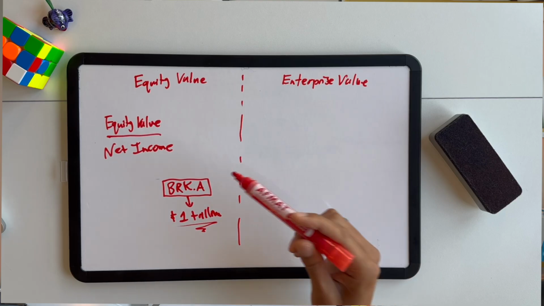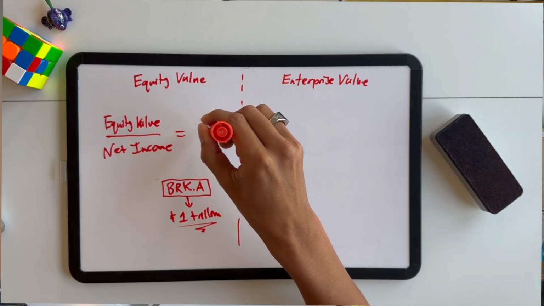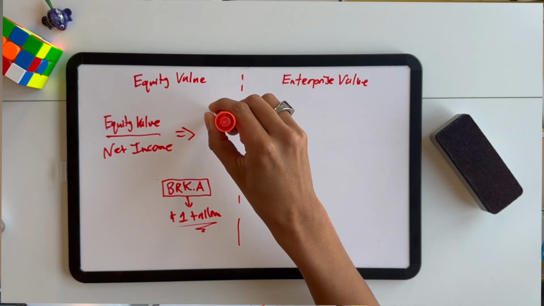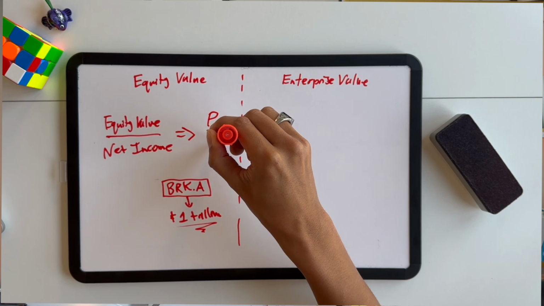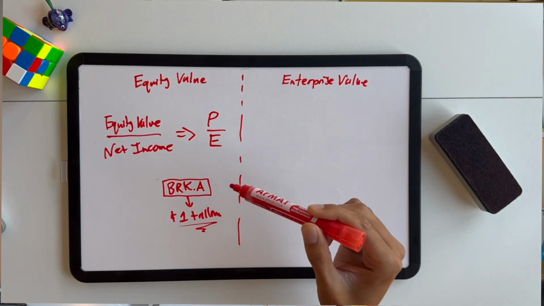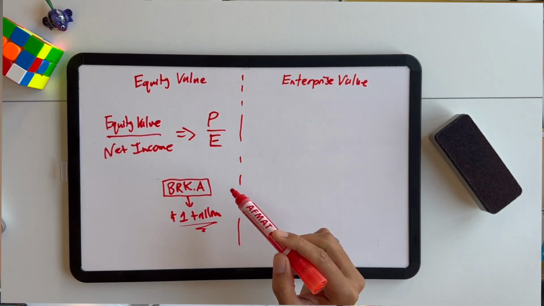Now, an analogy to this ratio is price to earnings. If you think about it, this is pretty much the same thing as equity value to net income, because the price per share divided by your earnings per share is really just the equity value divided by your earnings, which is another way of saying equity value divided by net income.